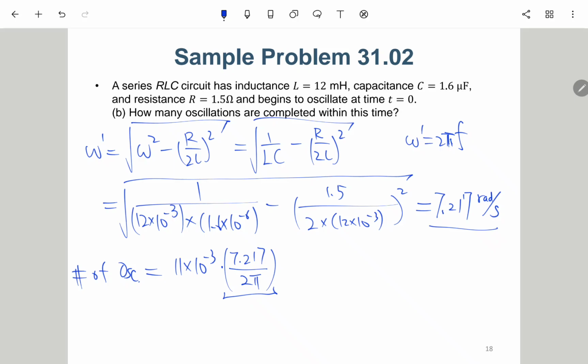Usually I use f for the frequency, so we would like to know f to be omega prime over 2 pi. So f times the t becomes the number of periods.